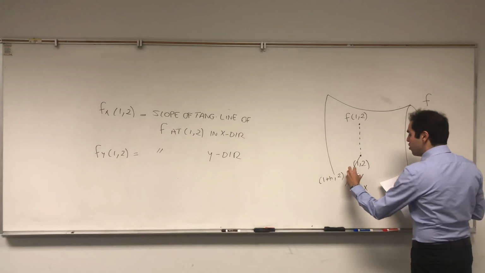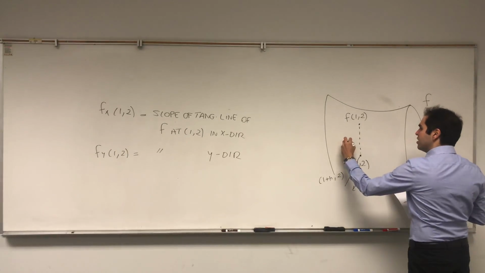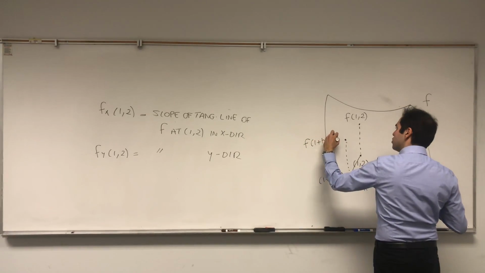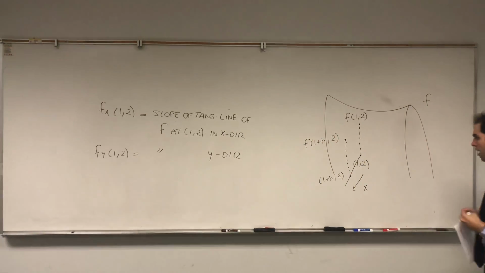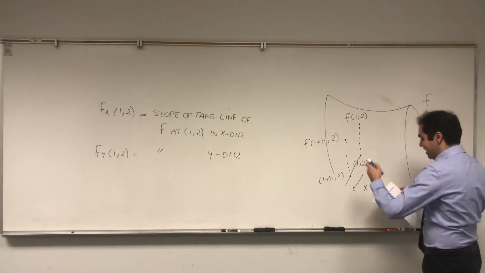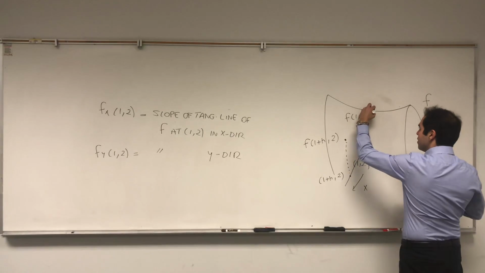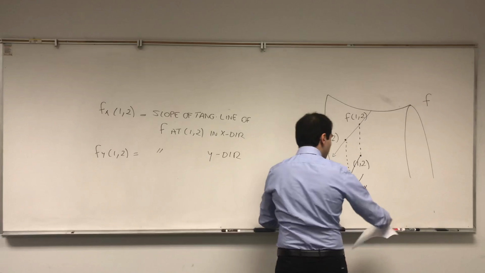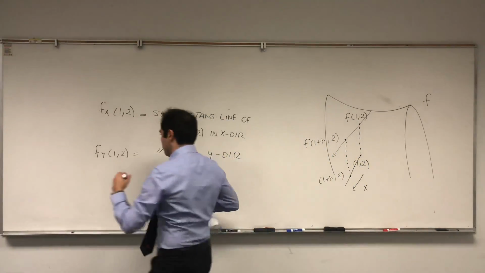And if you go up with f here, you get the point f(1 plus h, 2). What this gives you is what's called a secant line, just like in calculus.